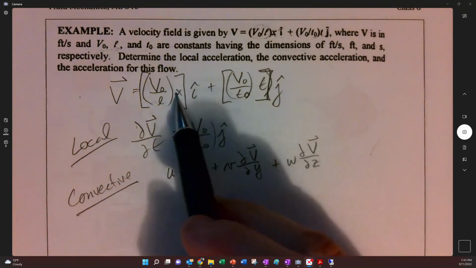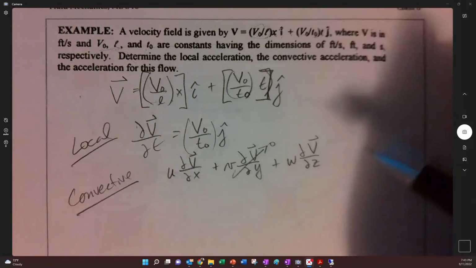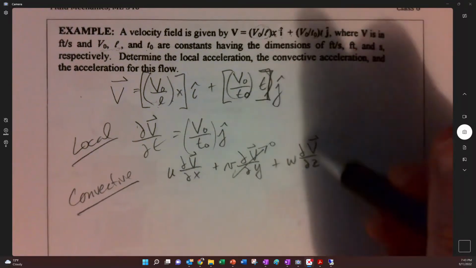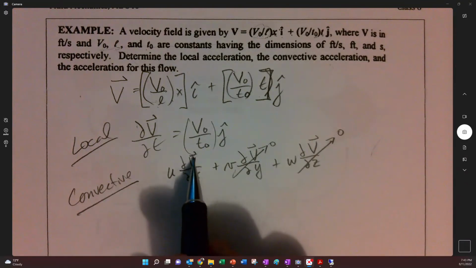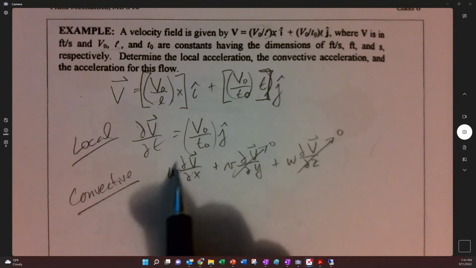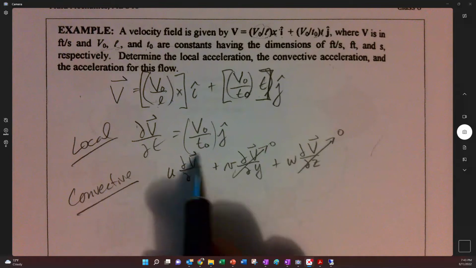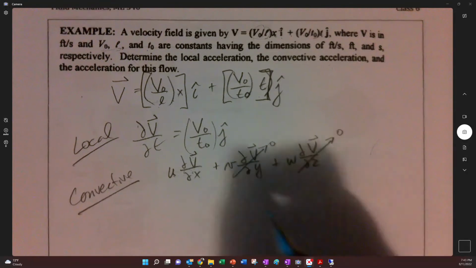Well, none of these are functions of y, so that's got to go to 0. None of these are functions of z, so that goes to 0. So this is still a vector. It actually has an i, j, and k component to it, even though it looks like it's one thing, and that's still a vector in itself in the notation that we have.